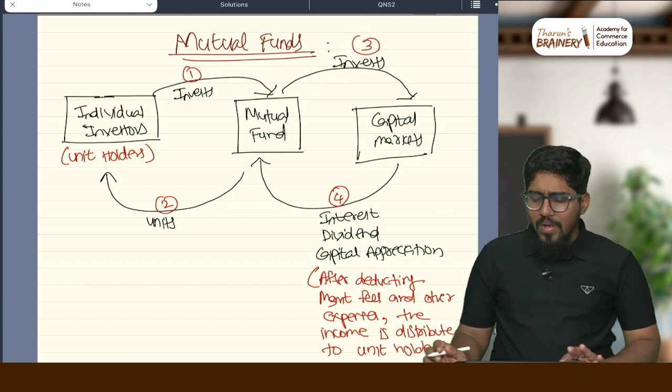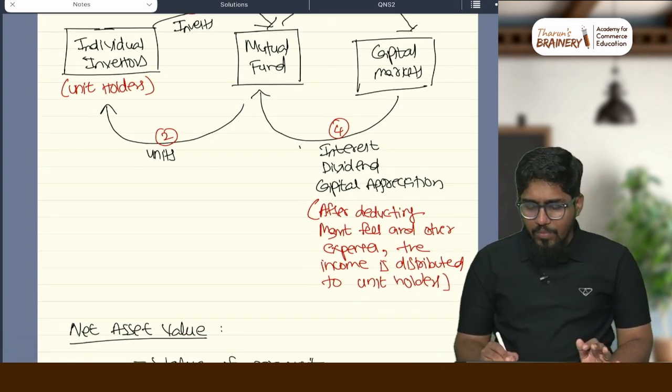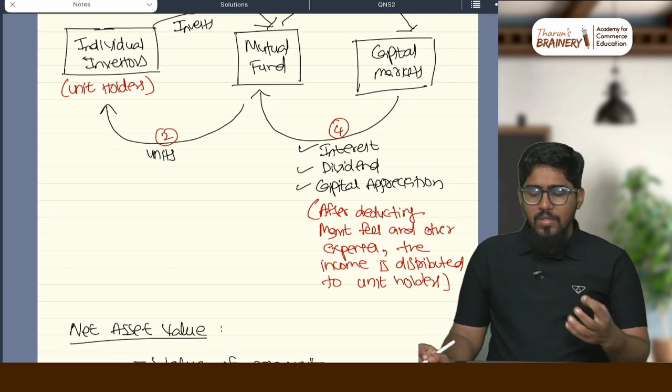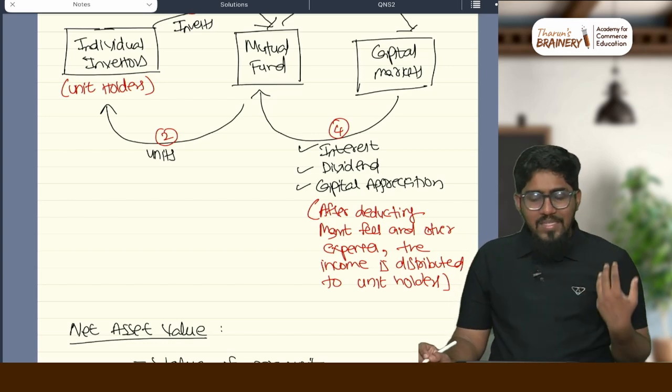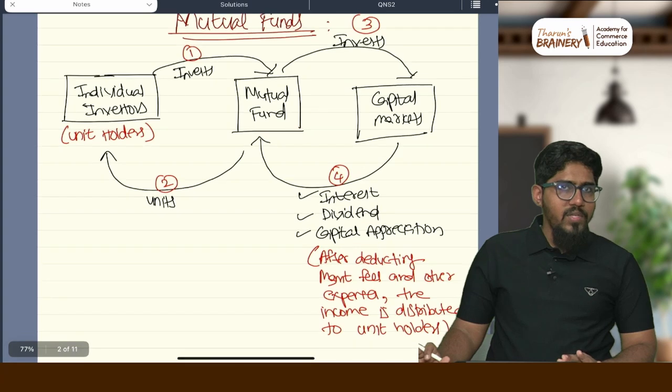From the capital market I will get interest, dividend, and capital appreciation. Are you all with me? So I will receive some income, and I will distribute that income to individual investors.